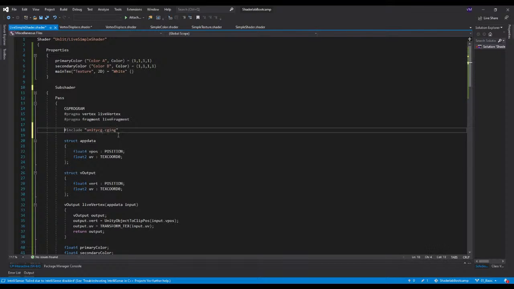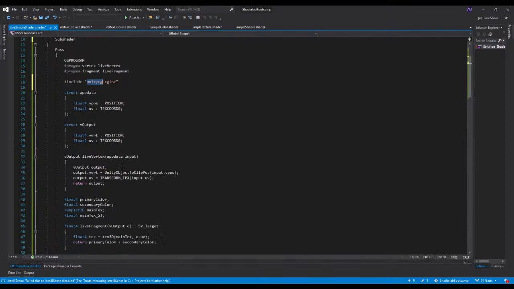Now we will come to writing all these includes, but for now understand that we are calling a specific library or maybe a specific file. CGINC is the CG include, that is the extension. We're calling a CG include kind of a file which will have this TRANSFORM_TEX function.